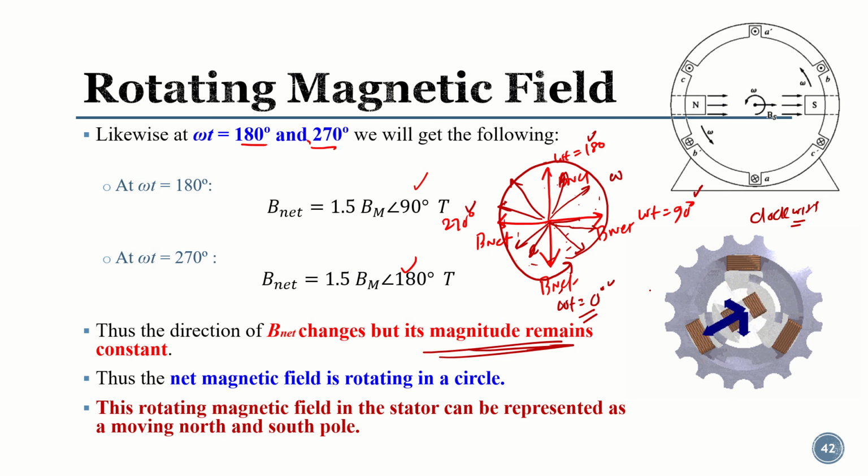So this is basically the rotating magnetic field inside AC machines. If you look at this animation, this is representing exactly this. At the different instances, the net magnetic field finally gives us a rotating magnetic field inside the stator.